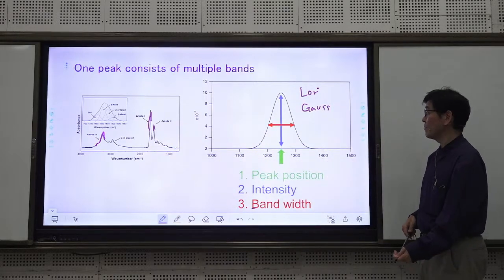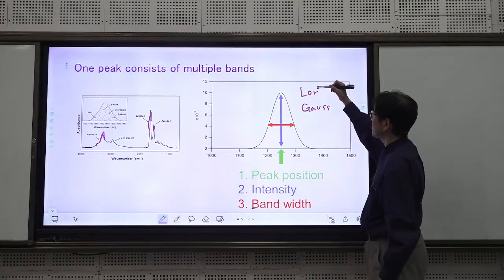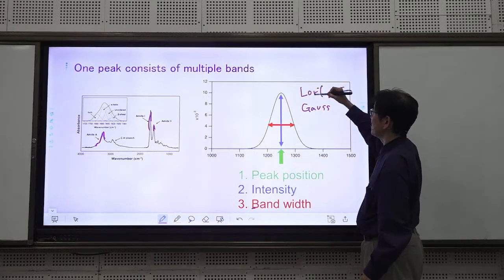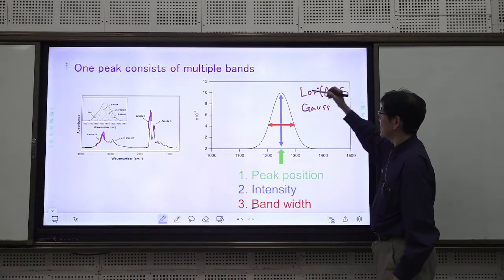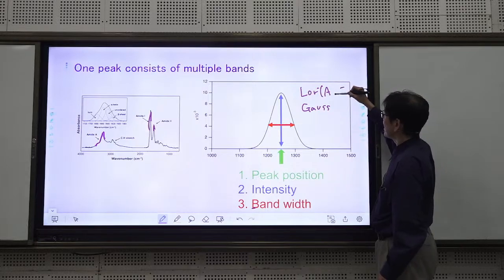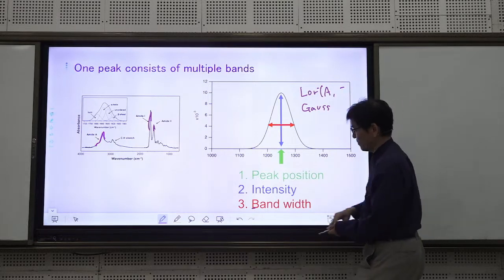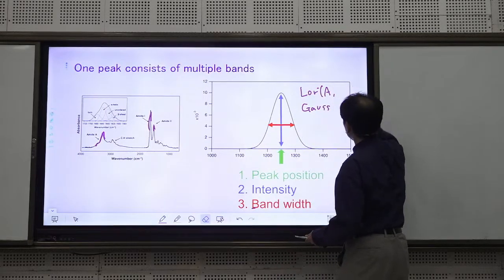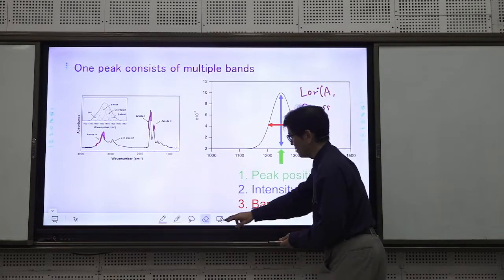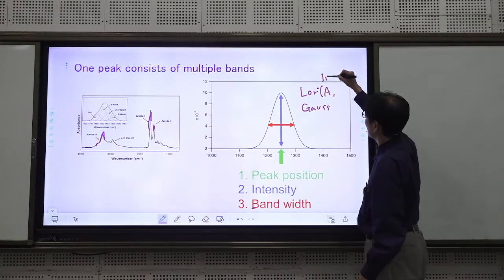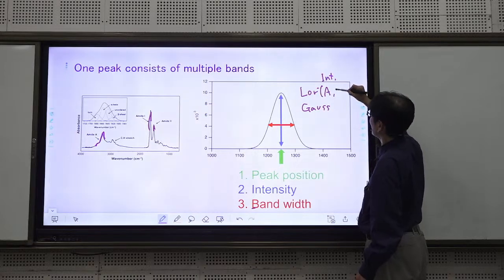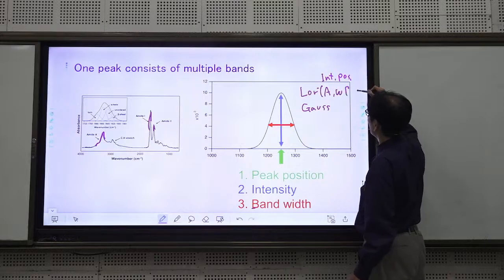But anyway, these functions are uniquely specified by the parameters: intensity, peak position, and width.